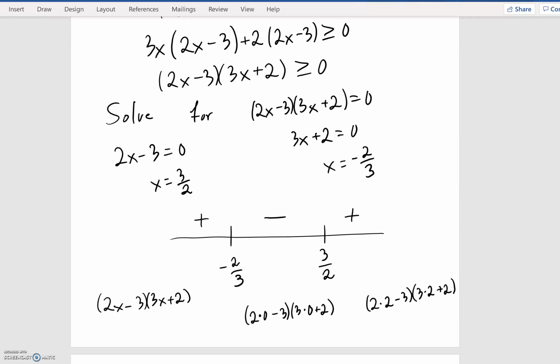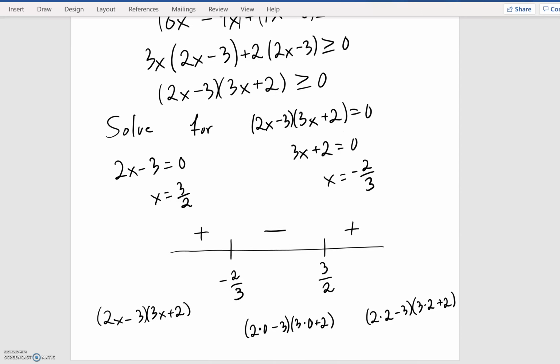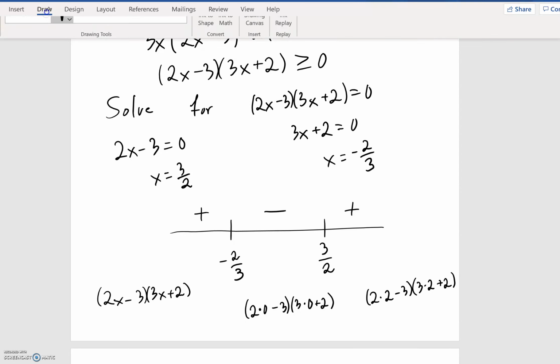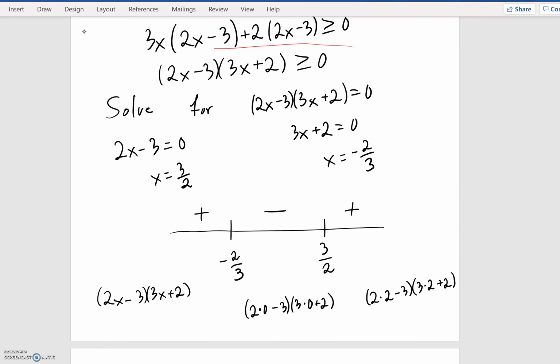Okay, so what? What exactly did this sign chart do? Let's look at the inequality. Let me circle it here in red. I need to find the x values such that that left-hand side is greater than or equal to 0. The sign chart actually tells us which x values to plug in to get positive outputs, and the intercepts themselves will give us the zeros of that left-hand side.